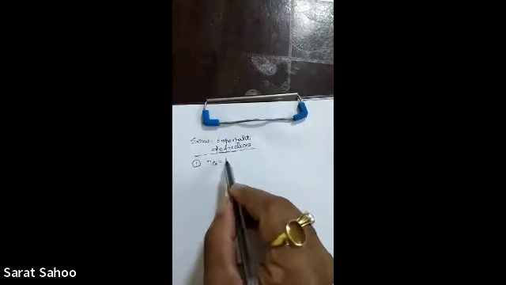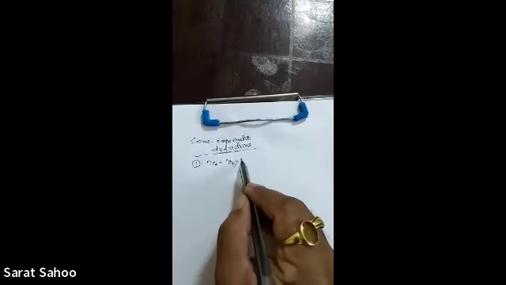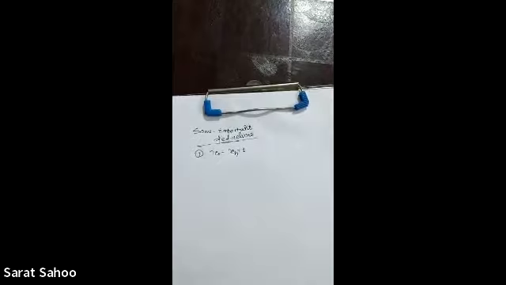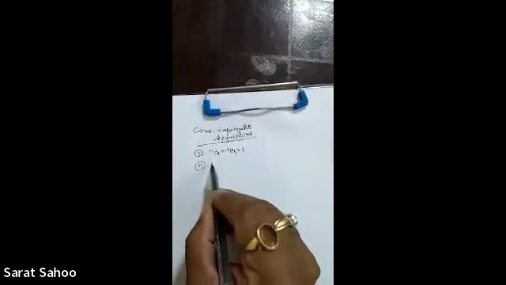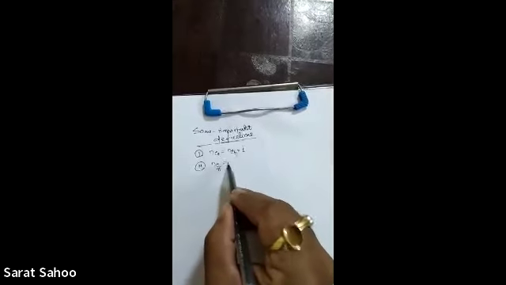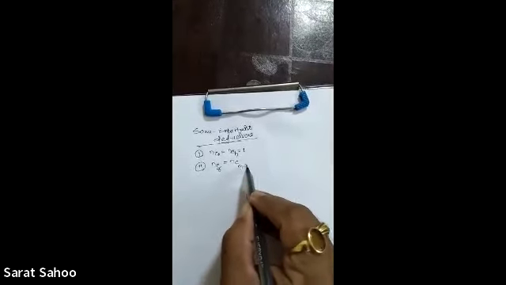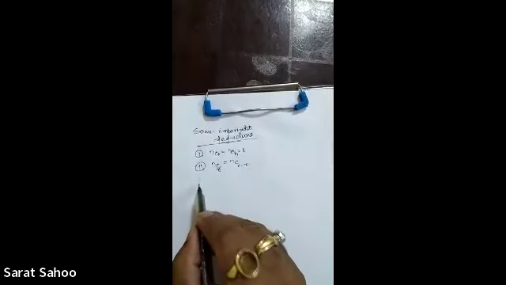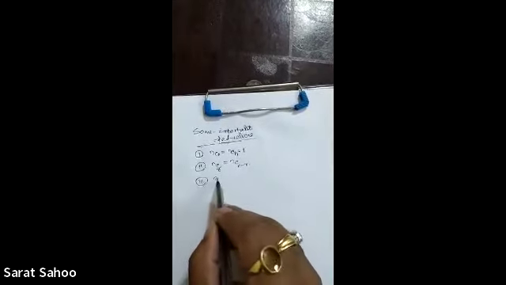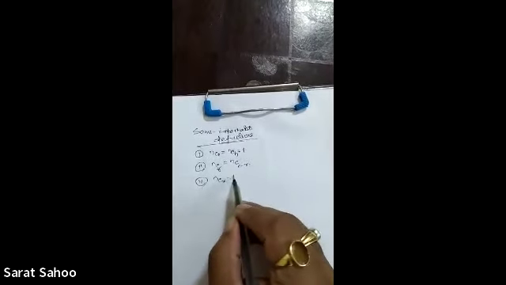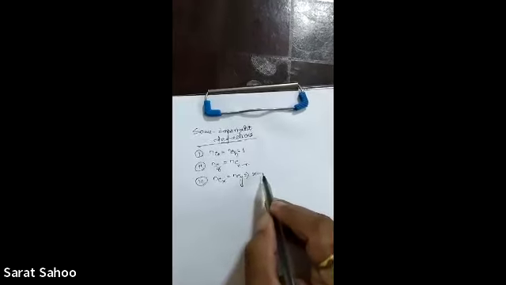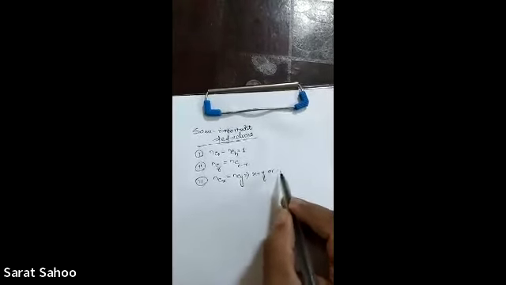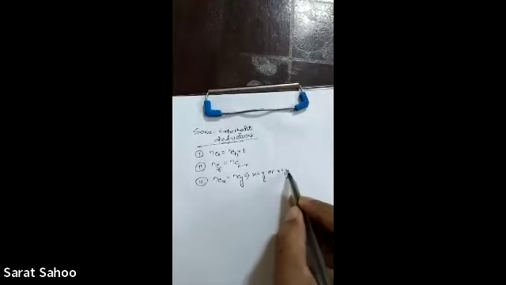nC0 is equal to nCn, equals 1. Second deduction is nCr equals nC(n minus r). The third one is nCx is equal to nCy implies x is equal to y or x plus y is equal to n.